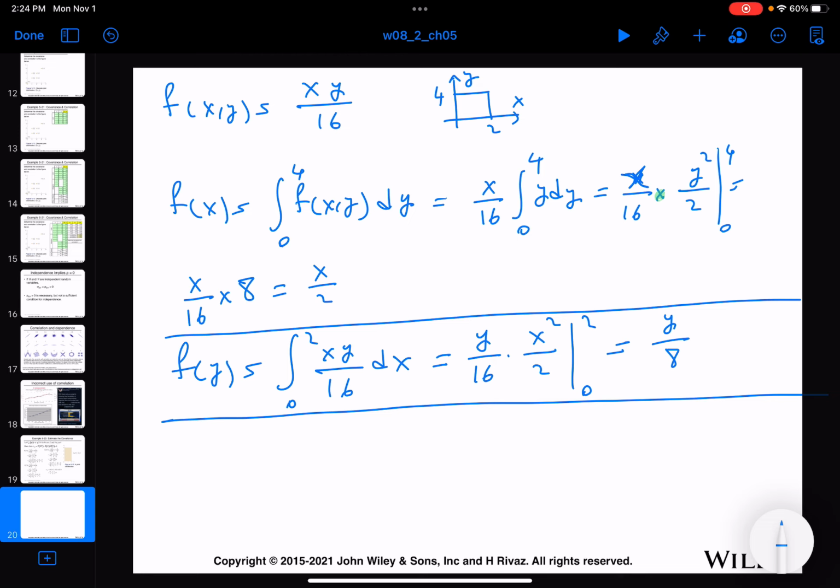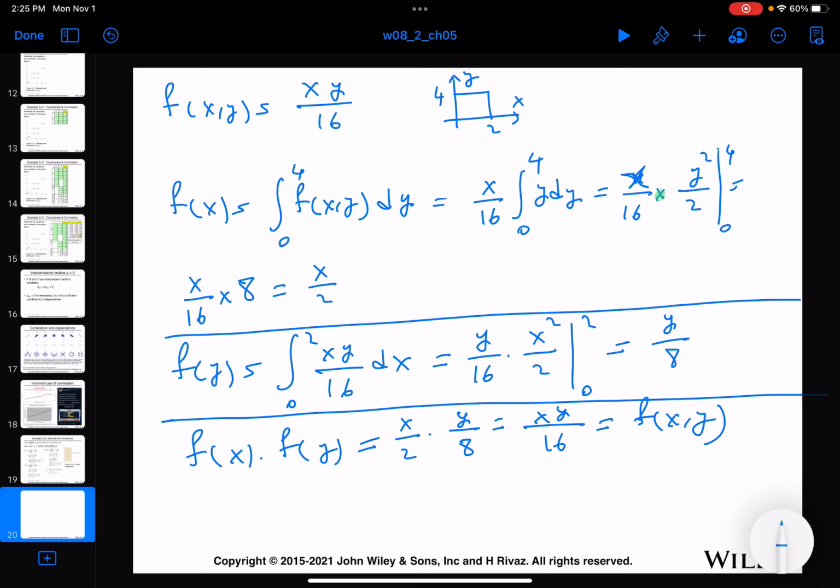So now, when I look, I see that f of x times f of y is x divided by 2 times y divided by 8. That's xy divided by 16, right? And that's equal to f of x and y. Right?